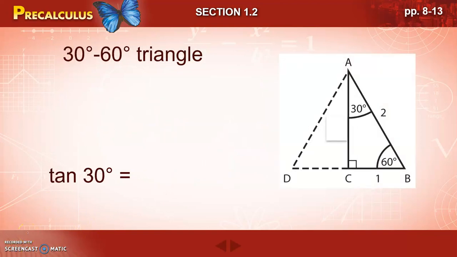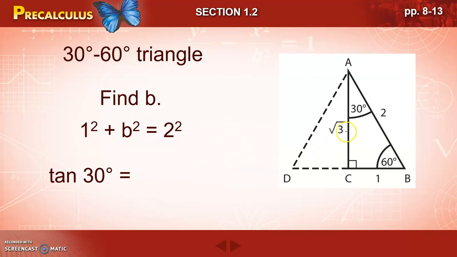We also have some other special triangles, like the 30-60-90 triangle. Let's see if you can find the tangent of a 30-degree angle. Hopefully you remember tangent. So TOA, T-O-A: tangent is opposite over adjacent. That's right. First, we need to find side B, and we're going to do that with the Pythagorean theorem. 1 squared plus b squared equals 2 squared.